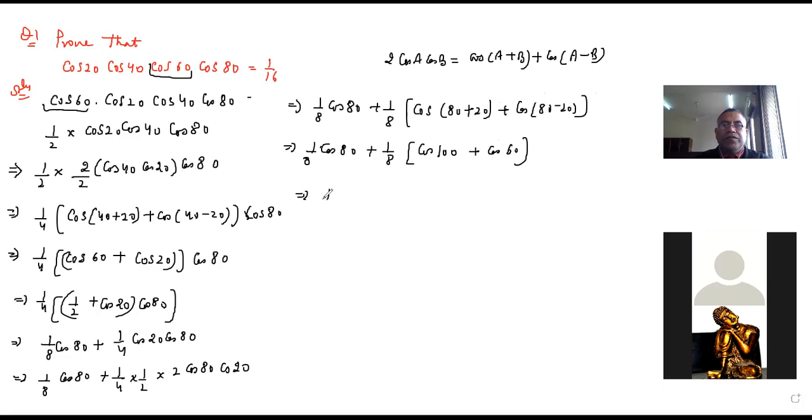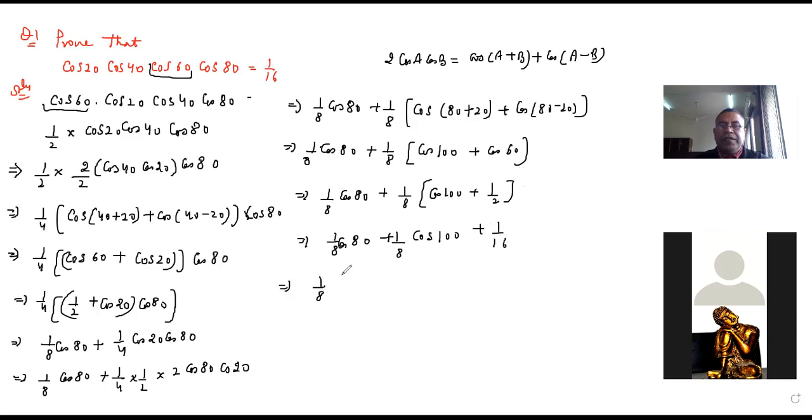So which implies 1 by 8 cos 80 plus 1 by 8 cos 100 plus, what is the value of cos 60? This is 1 by 2. So which implies 1 by 8 cos 80 plus 1 by 8 cos 100 plus 1 by 16.